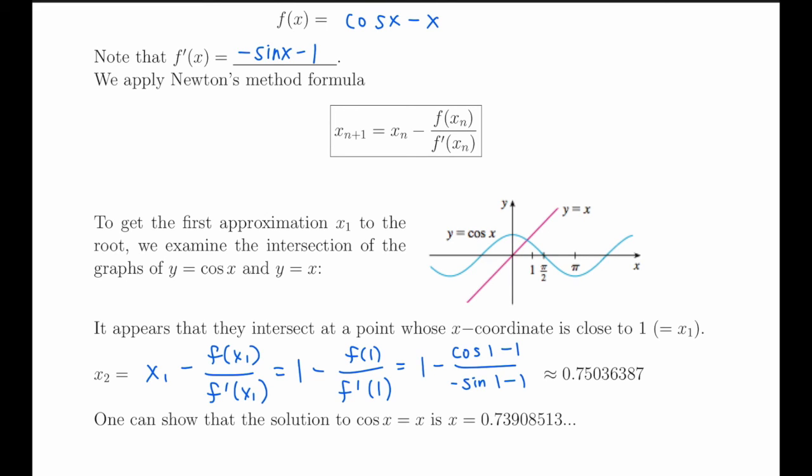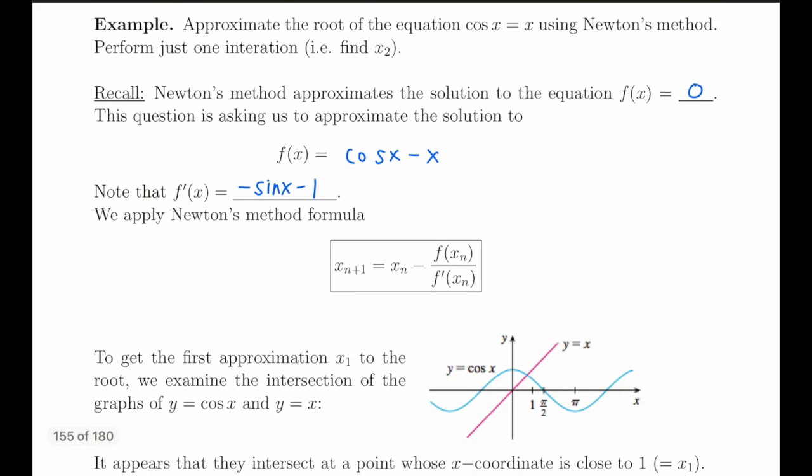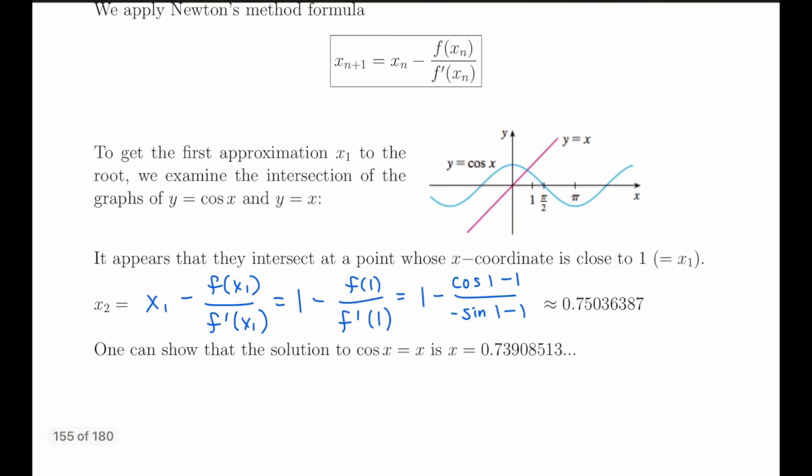And making sure that your calculator is in radians mode, these are all radians, you're going to find out that x2 is approximately this. And since the question just asks you to do one iteration, that's the end. You don't have to do anything else.